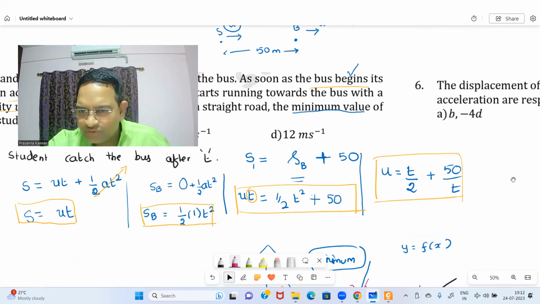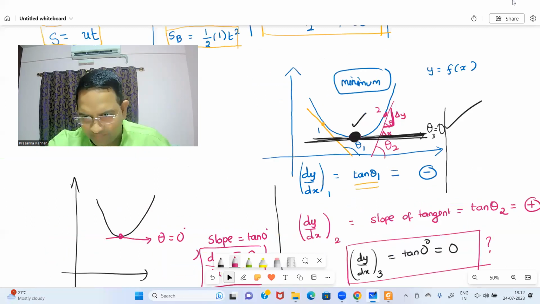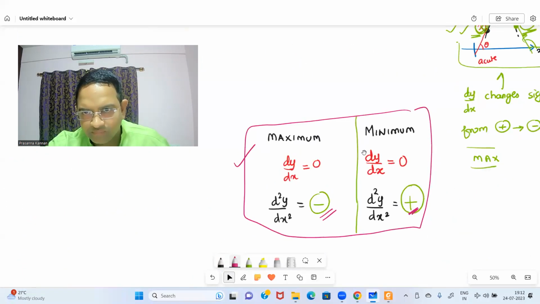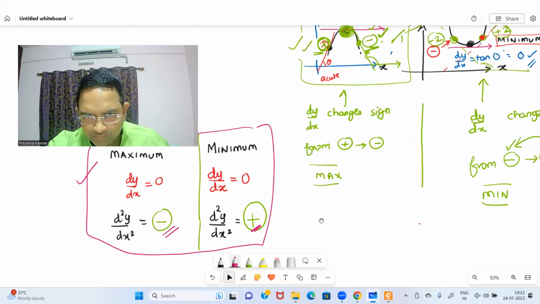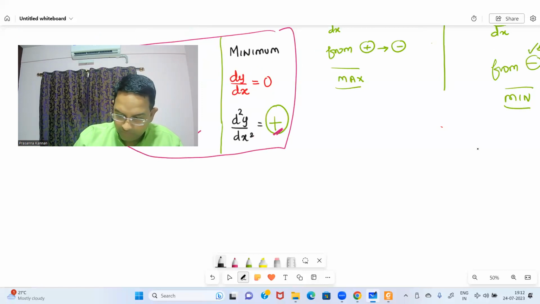Once you know this, it is no big deal. Now, what is the equation we have got, students? U is equal to t by 2 plus 50 by t. Excellent. So let's write it now. U is equal to t by 2 plus 50 by t.